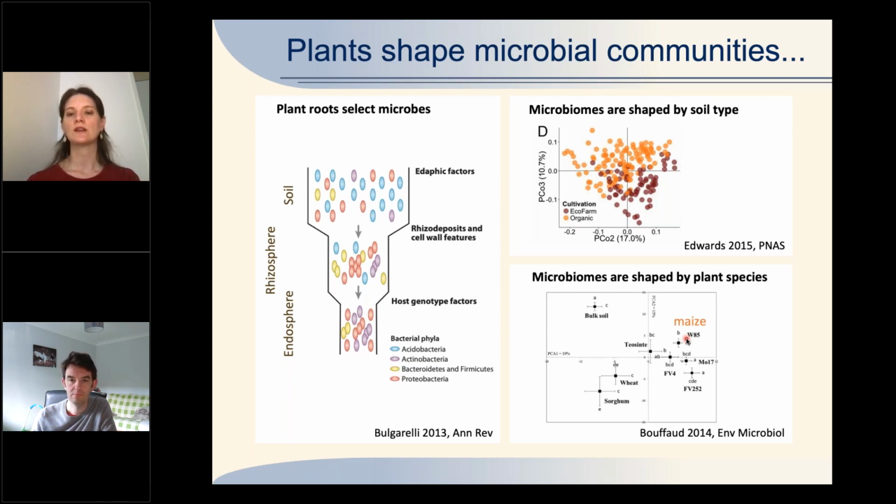But to really know if that's a causality, we would have to learn much more about substrate specificity of the different microbes. So if the microbes that are associated with later developmental stages, for example, metabolize better the type of exudates that are present there than the ones that are found in earlier developmental stages.